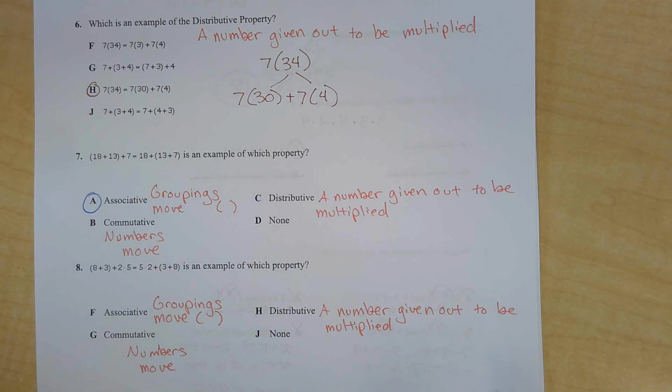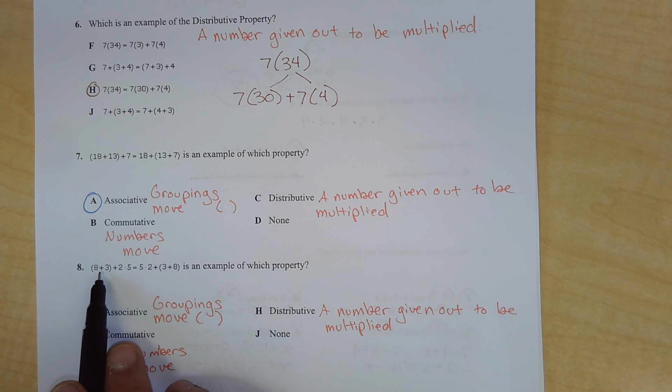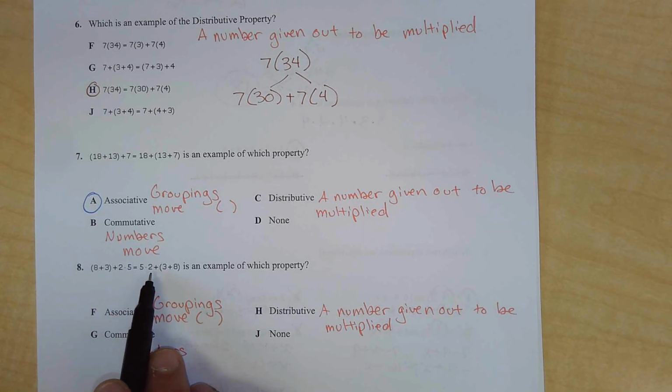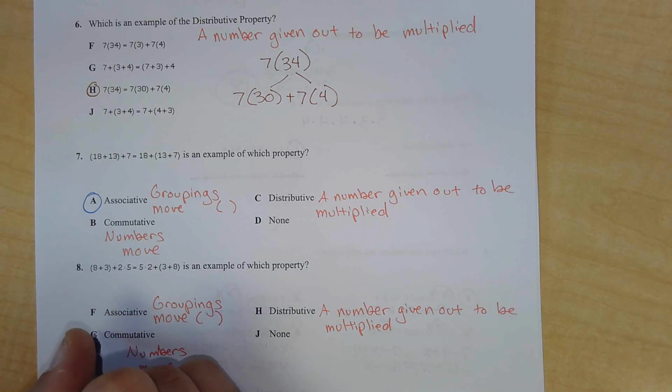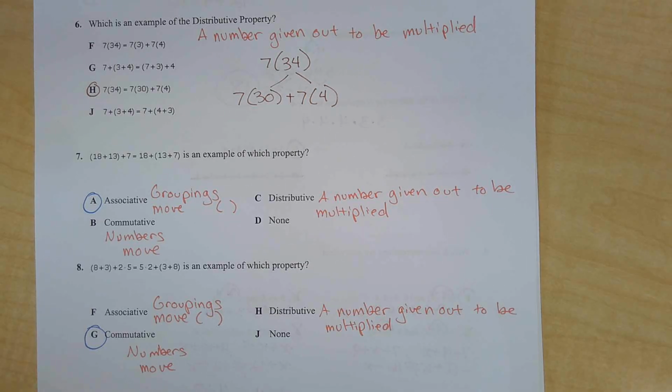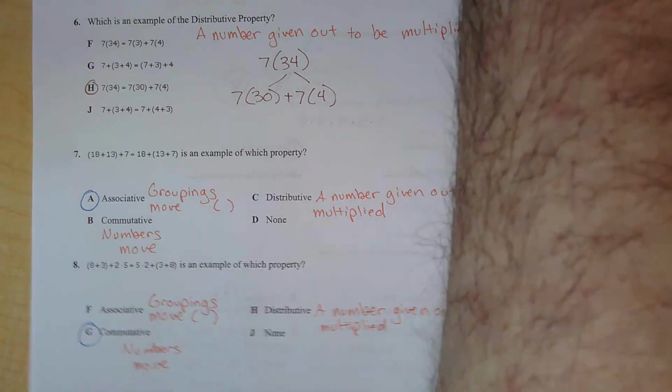That will give me the same result. So my groupings didn't move. I didn't distribute any number to be multiplied, but I see here that my numbers changed places. My numbers moved, and that's why it's commutative. Let's keep going.